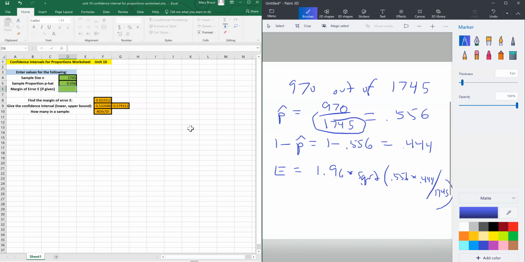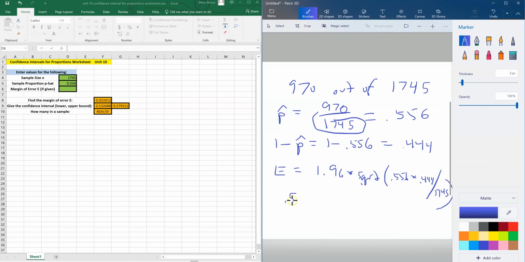But then the question is going to ask something about, is there evidence that a majority are in favor of the referendum or something like that? Well, in order to be a majority, you would have to have your entire confidence interval above 50%, because being higher than 50% means a majority.